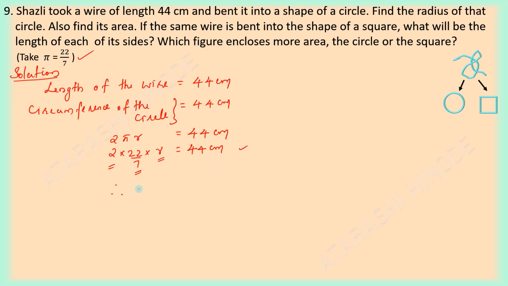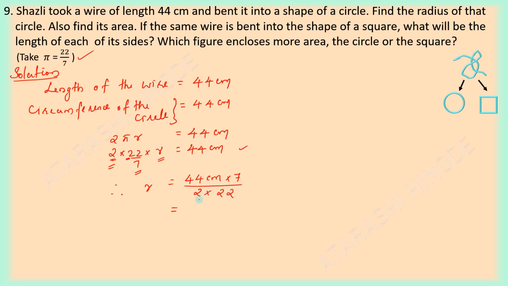So we can write r equal to 44 centimeter. Then since 7 is in the denominator, when we move 7 from LHS to RHS, it will be in the numerator. So here it will be 44 centimeter into 7, and 2 and 22 will be in the denominator, that is, here we have to write 2 multiplied by 22.